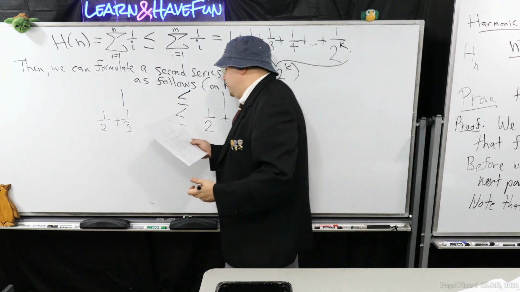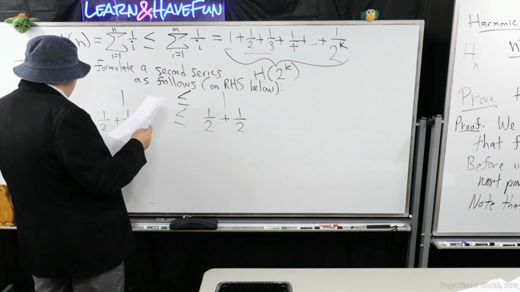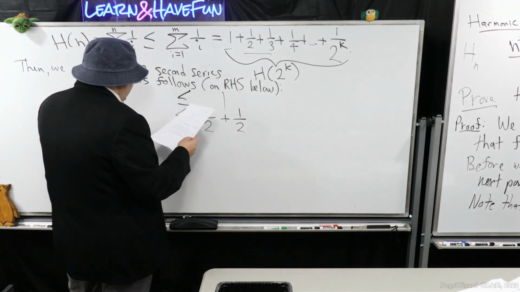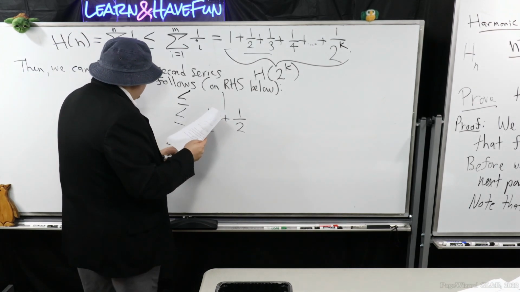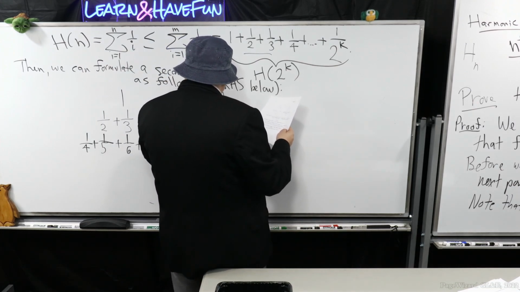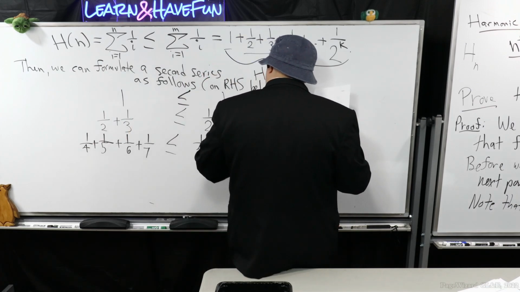So the next one would be 1/4 plus 1/5 plus 1/6 plus 1/7. These are all going to be less than or equal to 1/4, because 1/4 is larger than all of these ones, but it's equal to 1/4.